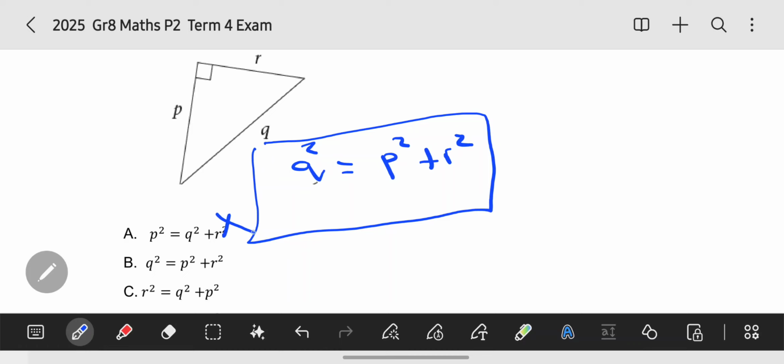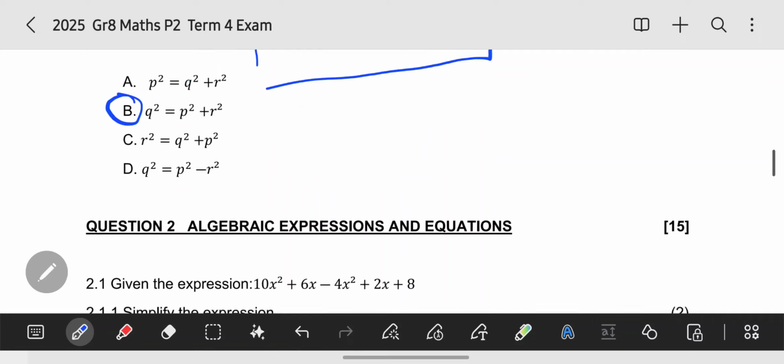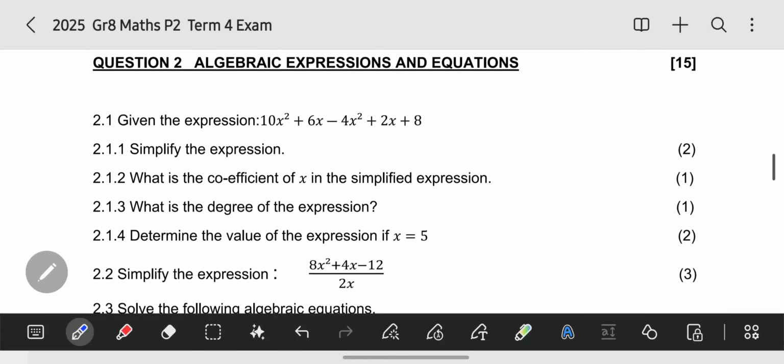Is this equation correct? No. Is this one correct? No. Is this one correct? Yes. B is correct because B is the same as this. So B is our correct answer, guys. I think we're done with multiple choice. Let's move to question 2.